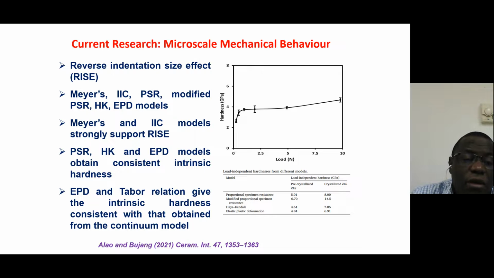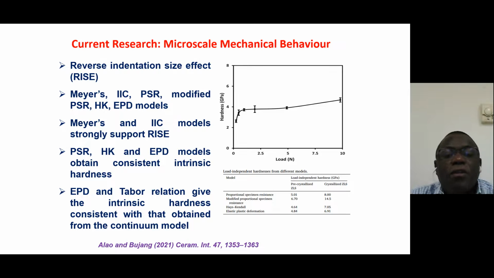The PSR, that is the proportional specimen resistance model, and the Ashby and Kendall model, and elastic plastic models, obtain the consistent intrinsic hardness. However, by coupling the elastic plastic deformation model with Tabor relation, it gave the best intrinsic hardness, which was consistent with the one obtained from the continuum model.